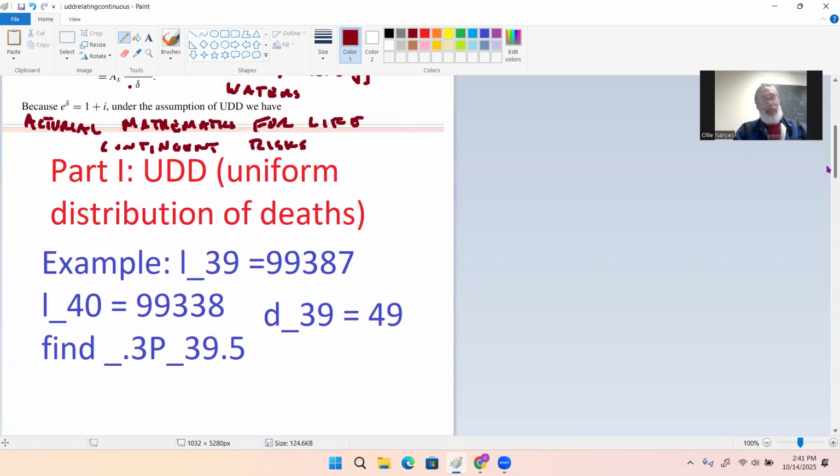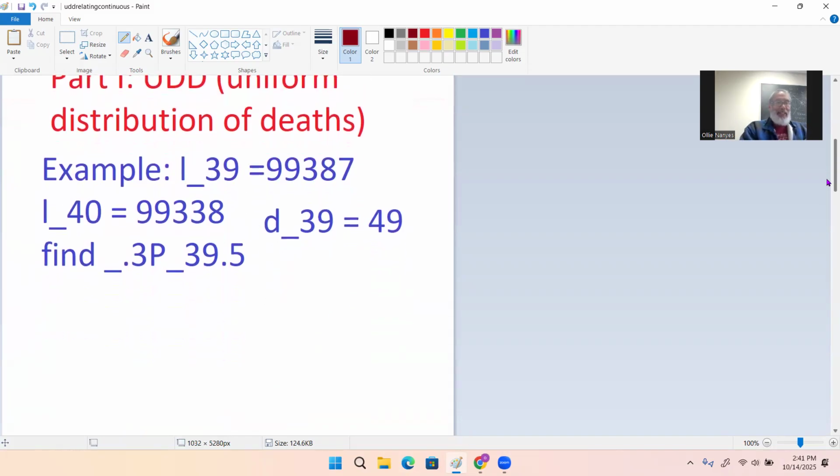Now, the uniform distribution of deaths, how it was presented in the text, and this is basically what this means, is that let's say you wish to calculate survival, and the example I used here, you have a life that's aged 39.5 years, and you wish to calculate the probability that life survives another 0.3 years using the uniform distribution of deaths.